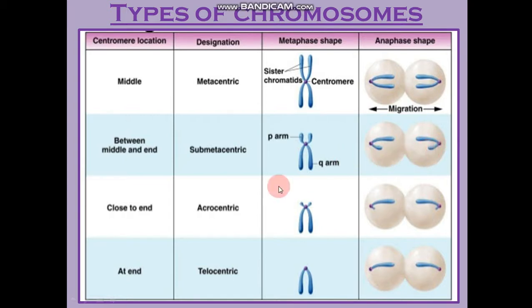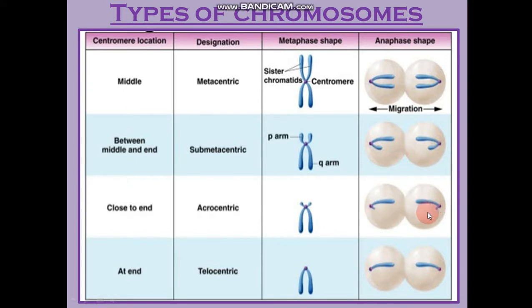Clear? Next, when the centromere is close to one end, it is called acrocentric. The diagram can be like this: one end is very small compared to the other, lengthier one. When they move apart in the anaphase stage, they will show a small L kind of structure.